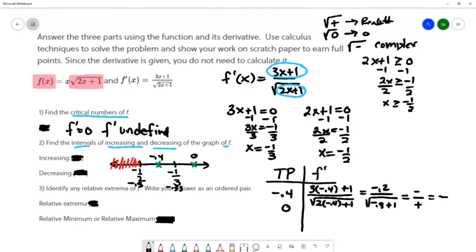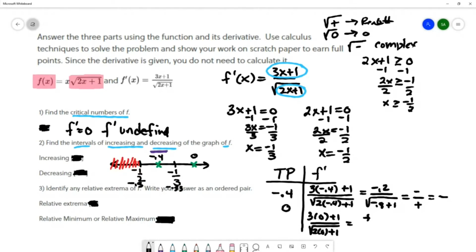So on this interval, let's use purple to represent it. On this interval, our first derivative is negative, which indicates the function is decreasing on that interval. And then let's test the other interval. We have 3 times 0 plus 1 over the square root of 2 times 0 plus 1.